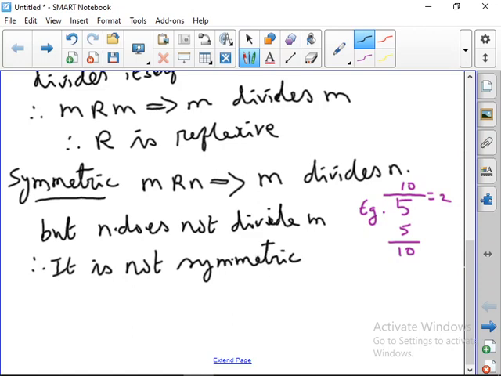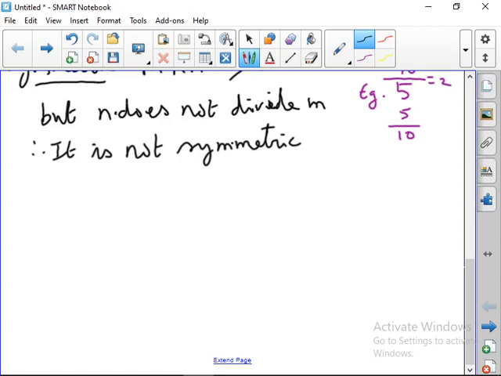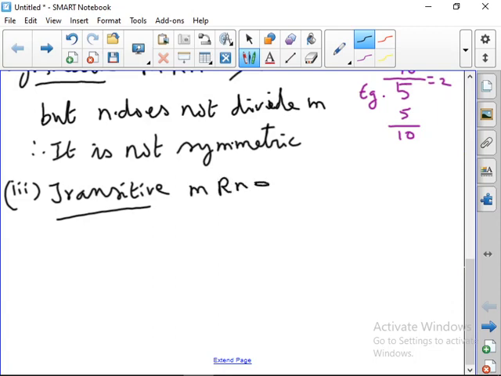Is it clear? Then, third one. What is the third one? Transitive. So, transitive: m related to n means m divides n.